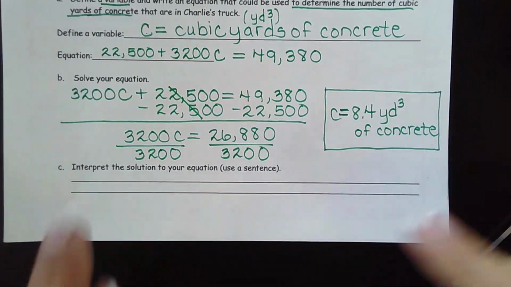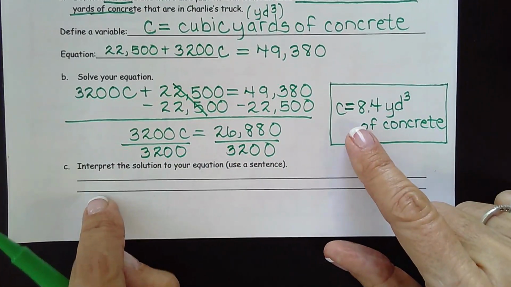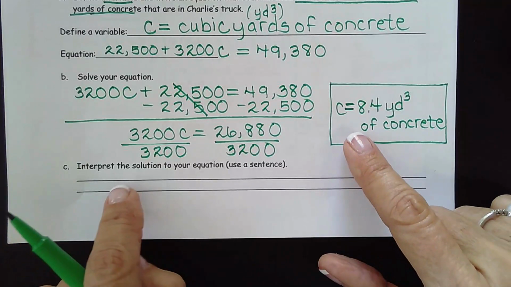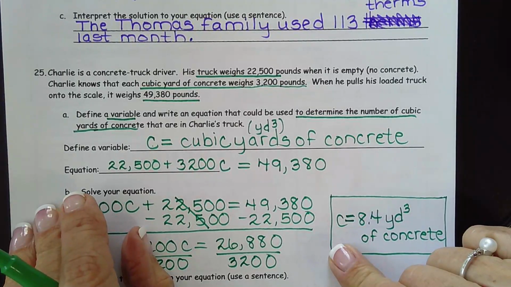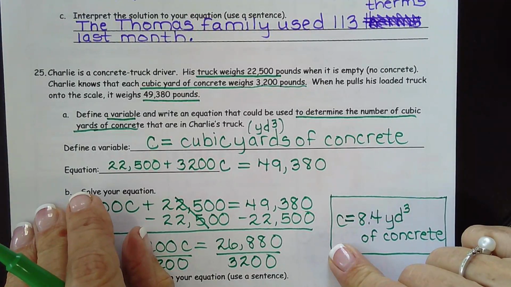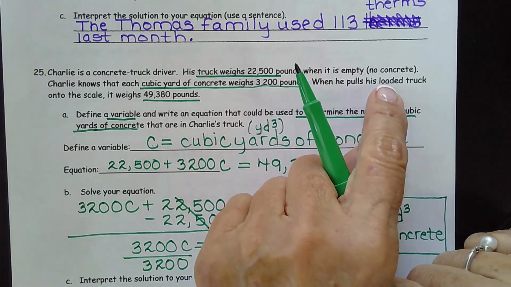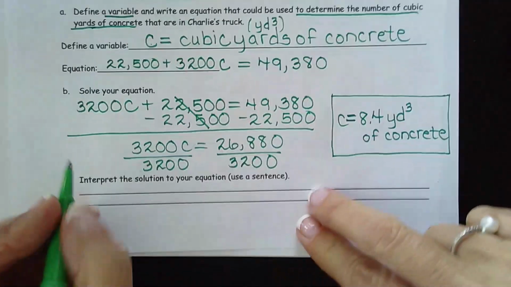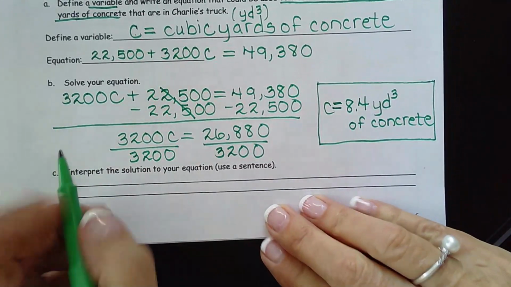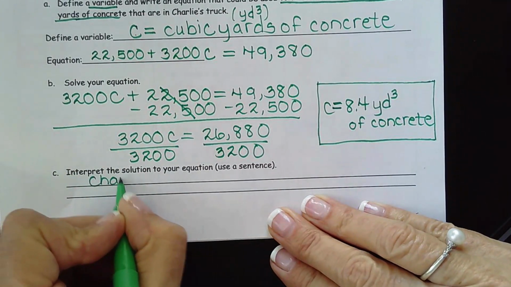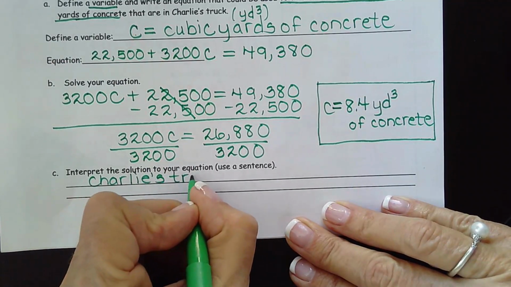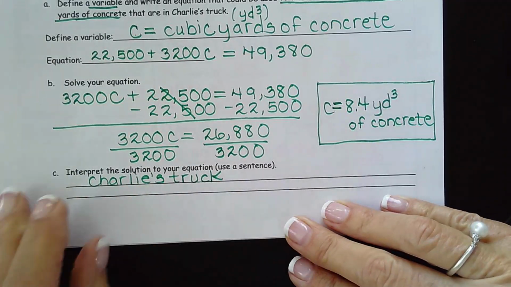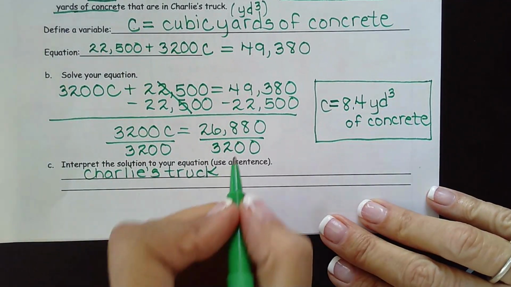So Charlie's truck is carrying, would that be a good word? Is loaded. There's a good one. Charlie's truck is loaded, and I like that you can just use your original problem to get your wording for this.